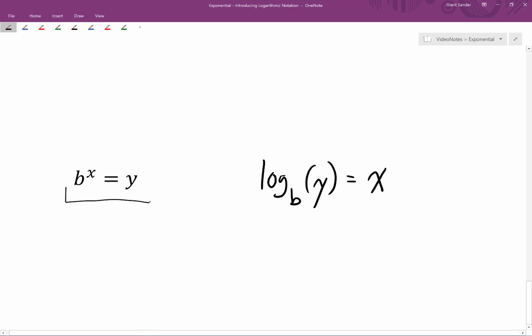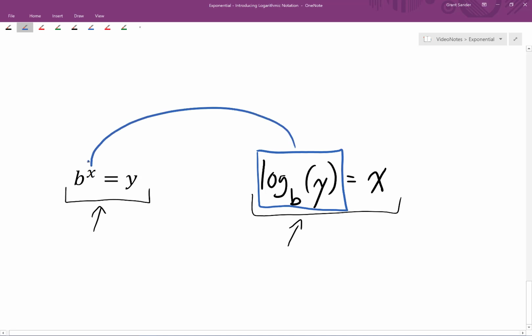Therefore, these two equations are equivalent. One is written in exponential form, so this one right here is in exponential form, and we say that this equation is in logarithmic form. And to keep these things straight, just keep in mind that logarithmic expressions represent exponents. So when we write log expressions, we're representing exponents on a certain base needed to produce some value.